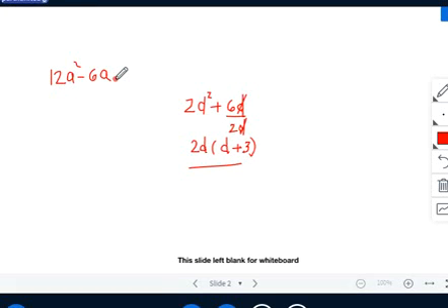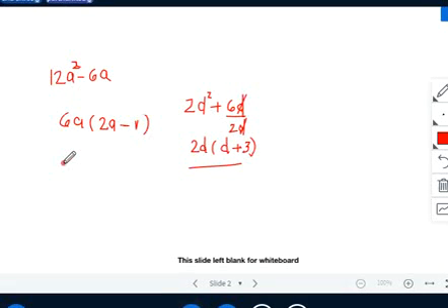So 6a, then in brackets 2a minus 1. Yes, that's correct. 6a multiplied by 2a minus 1.